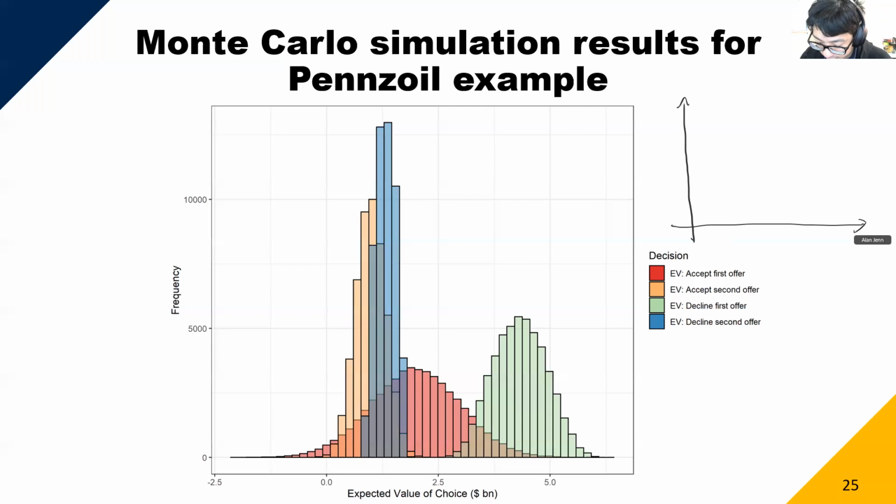If I were to draw this, maybe my distributions look kind of close. So that decision might be a little bit less clear because they're a lot closer together, but maybe I would still go with blue, declining, in this case.